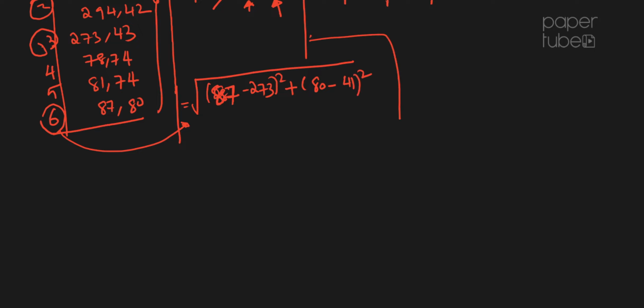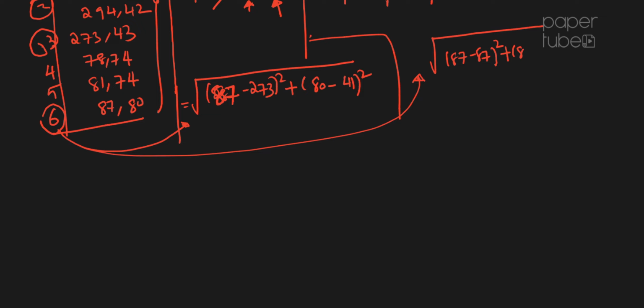And similarly, the distance between the data point 6 and the cluster center C2 will be equal to 87 minus 87 the whole square plus 80 minus 80 the whole square.